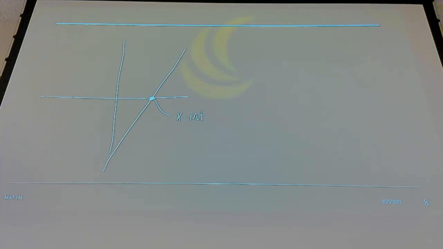Gotta be crossing the x-axis, right? What do we know about the values of y to the left?